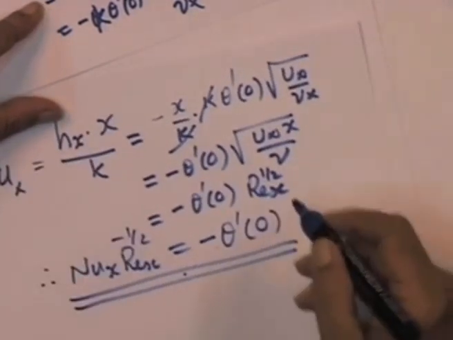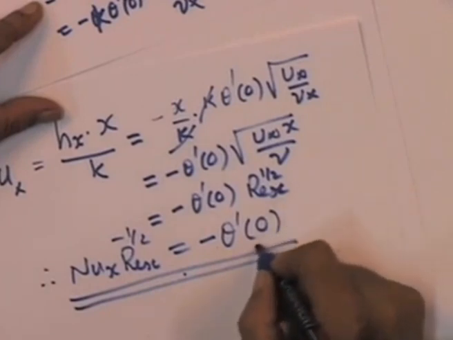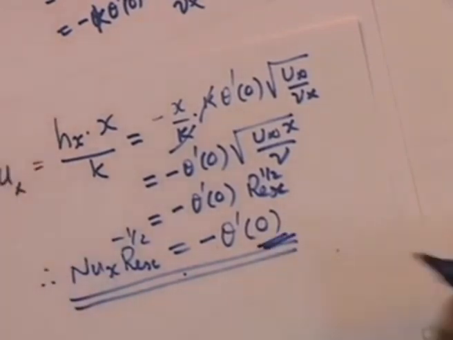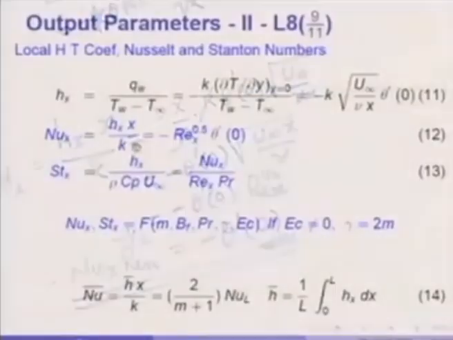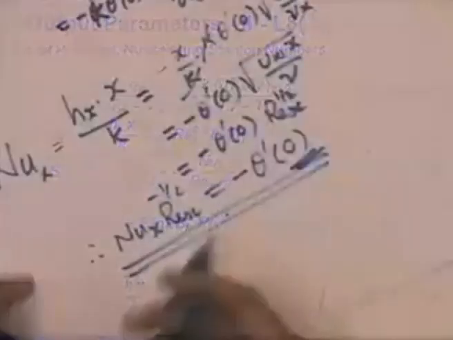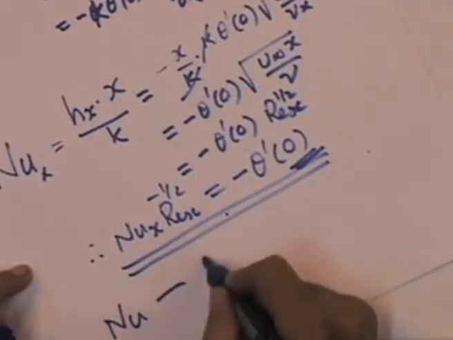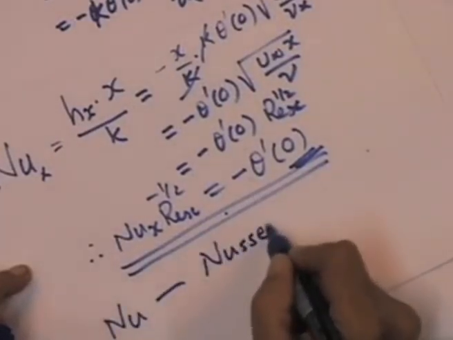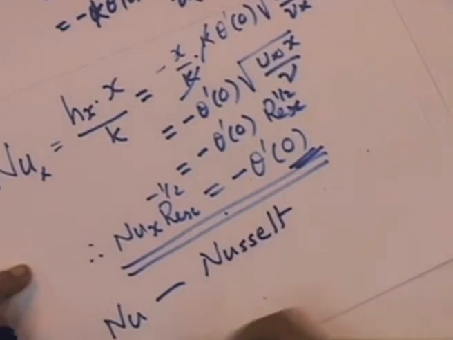Our RK solution essentially gives us the value of theta prime 0, which in turn gives us the value of the Nusselt number. That is what I have derived here, Nu x is equal to that. Sometimes in boundary layer theory, we define Stanton number St x, where Nu is Nusselt, named after the scientist Nusselt.